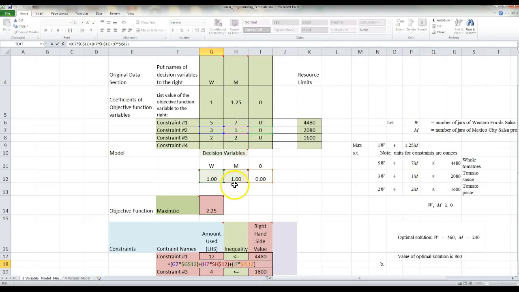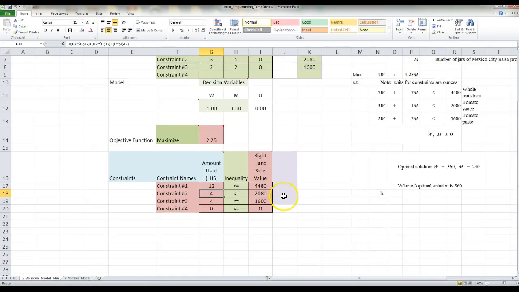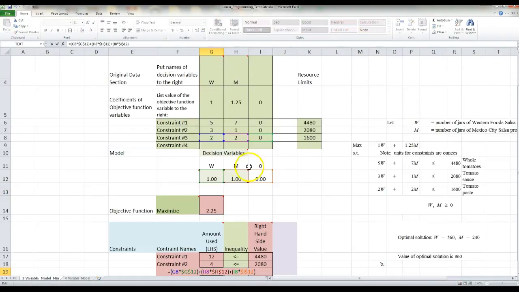We're multiplying it by the value in the decision variable for M. And again, I've set this up for 3. I'm not using the third variable, so that 0 will simply cause this third term to go away, and it's not going to be a problem. So I did this, and I anchored those cells so that I can simply copy down those equations, and it will change the coefficients on the decision variables and perform the calculation that I need for that constraint.